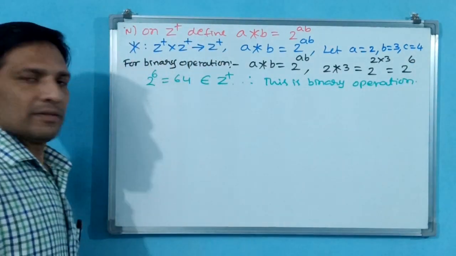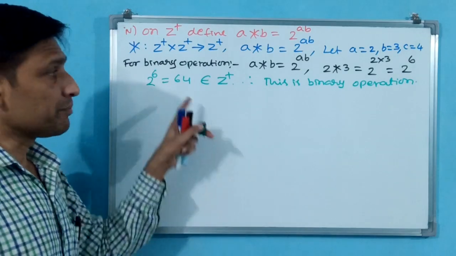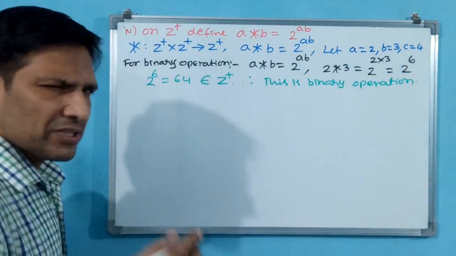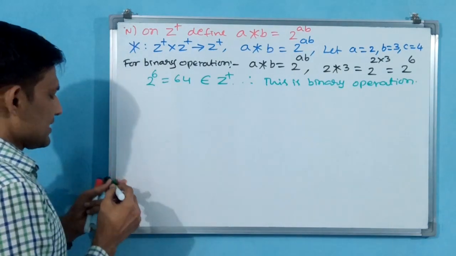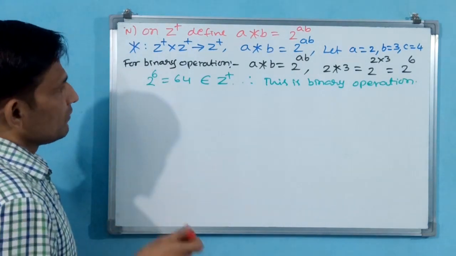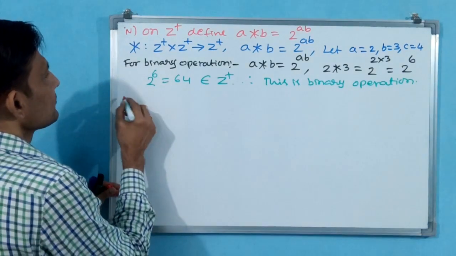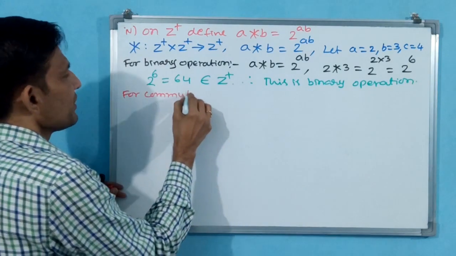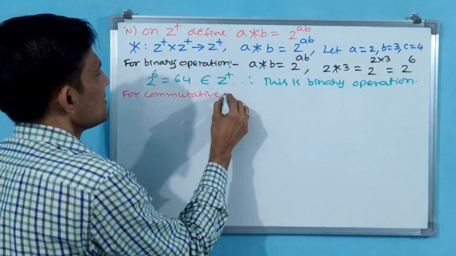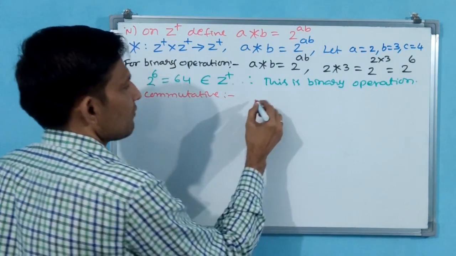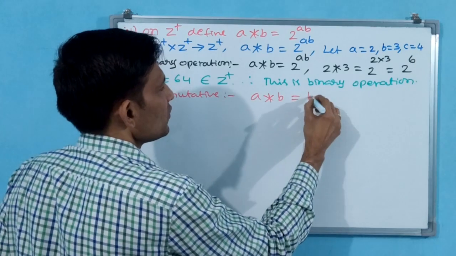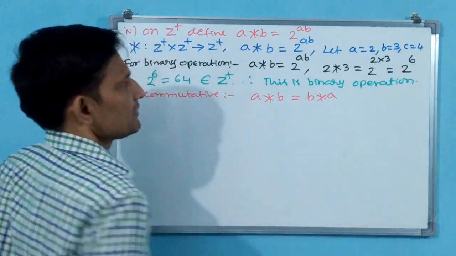One thing was over. Because this is a binary operation, we go for commutative also, or else we need not go. Let us write for commutative also. For commutative, what will be the property? a star b equal to b star a.